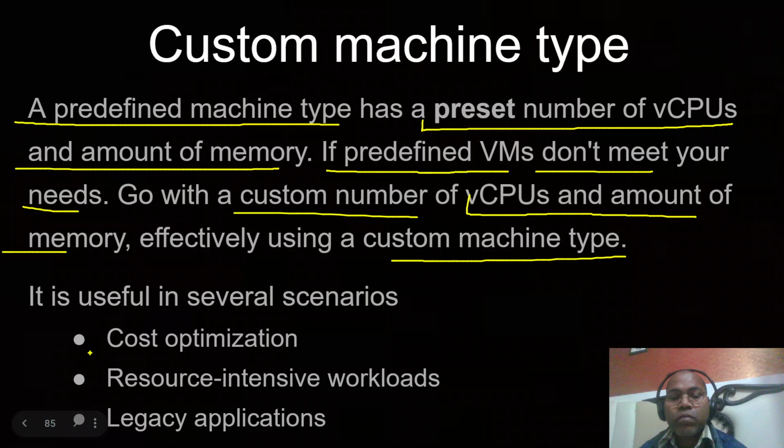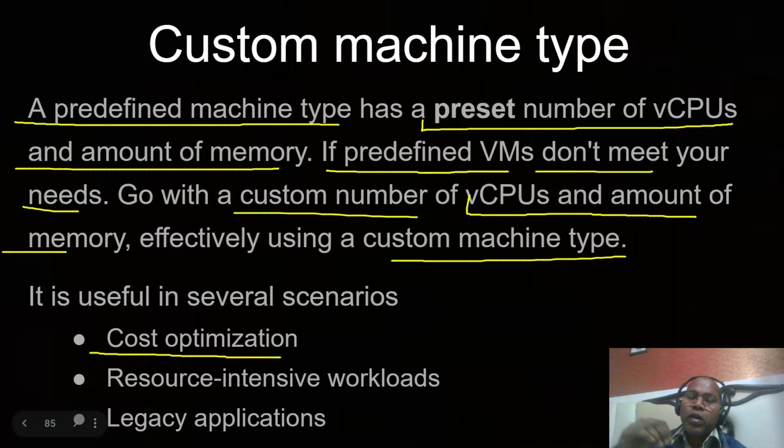Sometimes the predefined machine provided by Google Cloud may be costly for you, so you can also optimize cost by reducing memory, storage, or CPU.